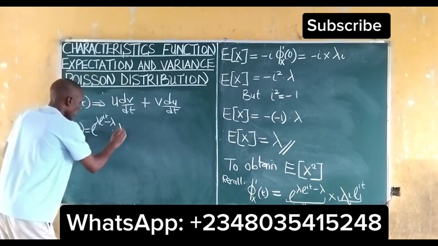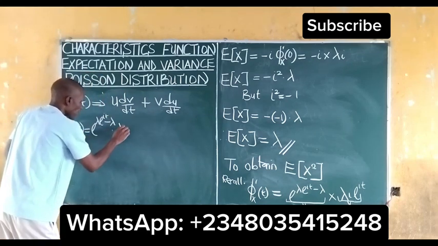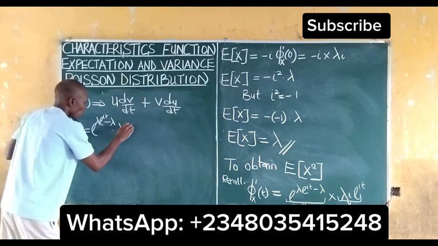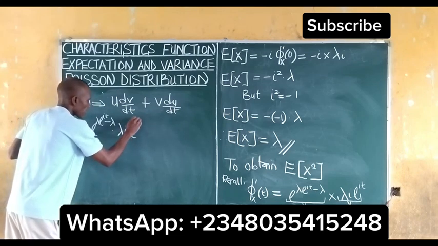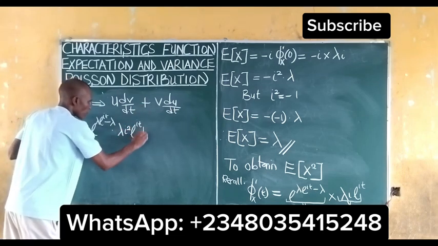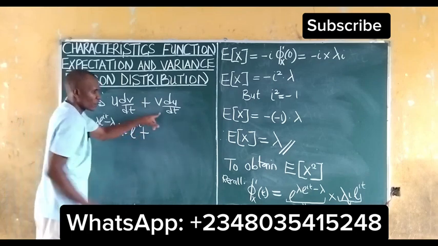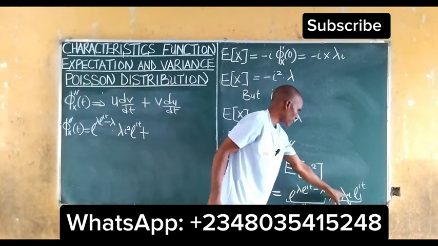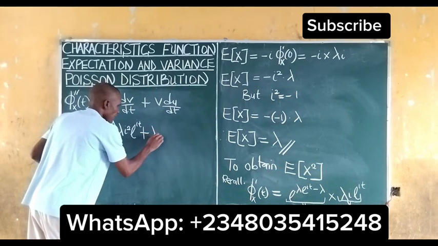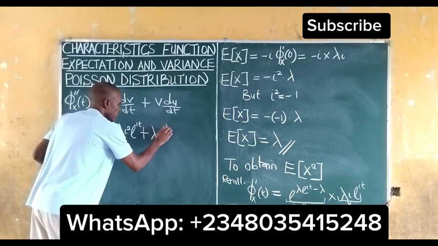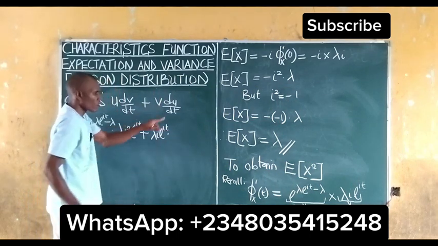We'll have lambda, we'll also have the imaginary part again, so we'll have i squared e^(it). Plus v. What is our v? V is lambda i e^(it), multiplied by du over dt.